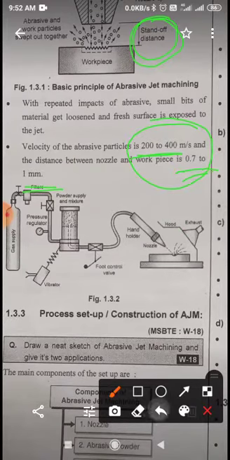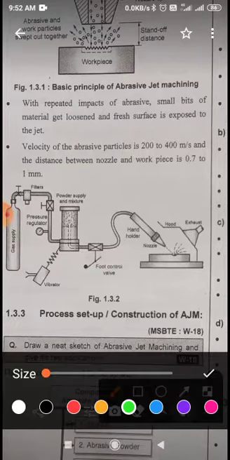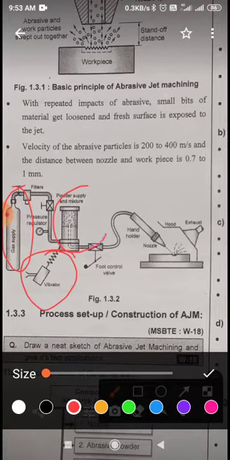Now look at the figure. You can see its different apparatus. Gas or air supply, see over here, gas supply, and a filter is provided there. Then here is the vibrator, and here is the powder supply and mixture.